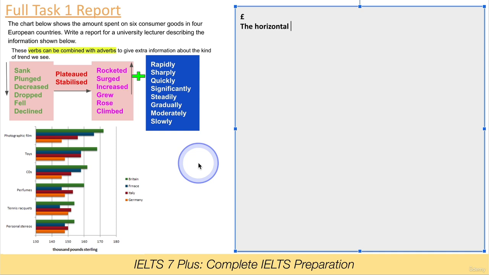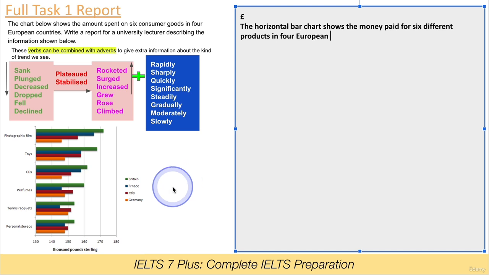The horizontal bar chart shows the money, instead of the amount, the money spent or maybe paid for 6 different, instead of consumer goods, we could say 6 different products in 4 European, it's hard to paraphrase European, so that's fine.